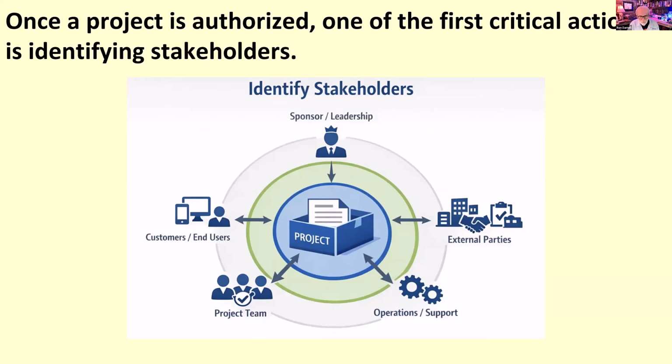And so early identification is part of our initiating process, a focus area, helps to reduce surprises later, like resistance, conflict in scope, misaligned expectation. And so this is why stakeholder identification belongs in initiating, but it's also a reason we want to carry it forward throughout all phases of the project.